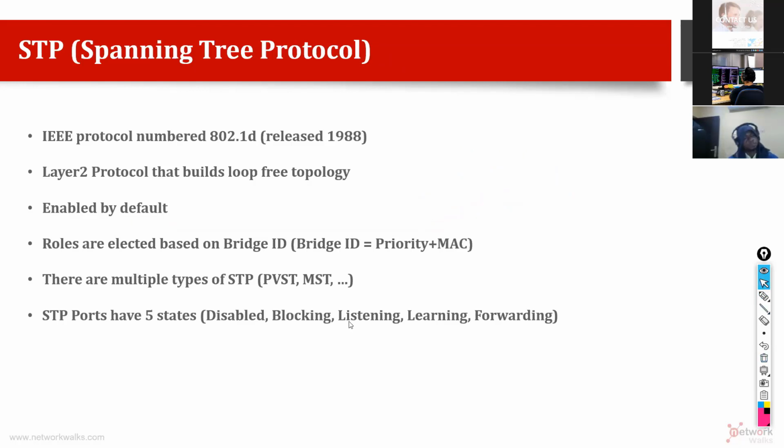There are multiple types of STP. Originally, it came in 1988. After that, there were some variations. Each vendor and many researchers said, okay, let's modify it a little bit to cope with the new types of devices and protocols. And we came up with multiple flavors of STP. One is called per-VLAN spanning tree, meaning for each VLAN we have an STP.